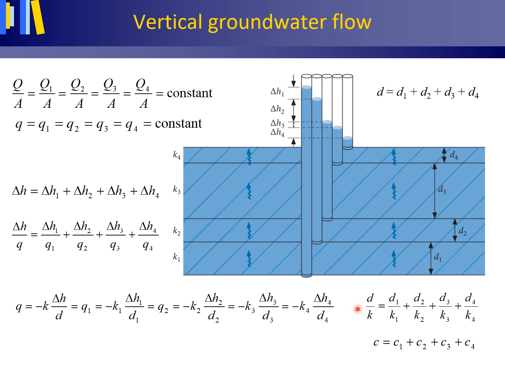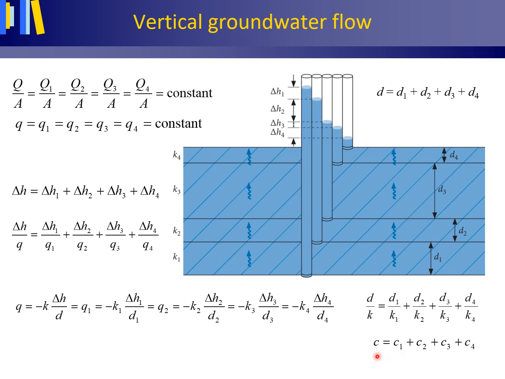The depth of the total aquitard divided by a substitute hydraulic conductivity equals the depth of layer 1 divided by the hydraulic conductivity of layer 1 plus the depth of layer 2 divided by the hydraulic conductivity of layer 2, etc., which can be simplified to C equals C1 plus C2, etc. C, defined as D divided by K, is the hydraulic resistance or vertical flow resistance in days.